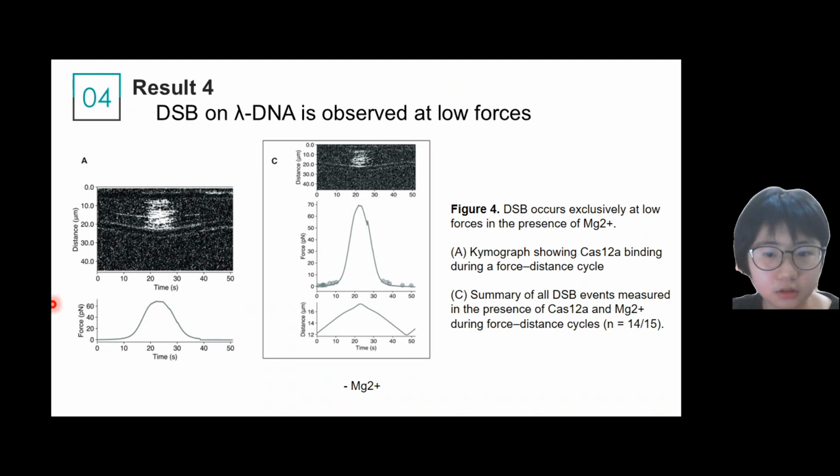Figure 4a is for 1 cycle. If a sudden drop in force happens during a cycle, they consider it a cut by Cas12a. Figure C is a condition without magnesium ions, and no dropping force is observed.